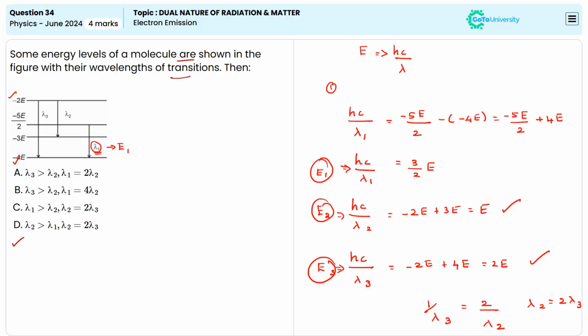Similarly, by comparing the first energy with the second energy, we can write 3 lambda 1 is equal to 2 lambda 2, which means lambda 1 will be less than lambda 2. So based on this, the correct answer for the question is option D.